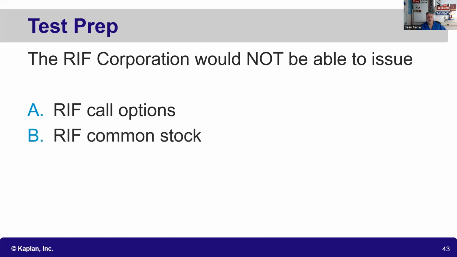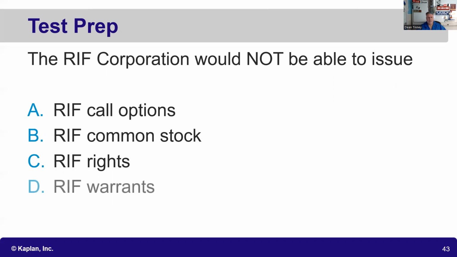Yeah, when they issue common stock, they certainly do that. It says would not. And yeah, if we need some more equity financing, RIF is going to issue some more stock. If people exercise the rights, the issuer receives the proceeds and that would provide additional equity financing. When people exercise the warrants, that definitely provides additional equity financing if people choose to exercise the warrants.